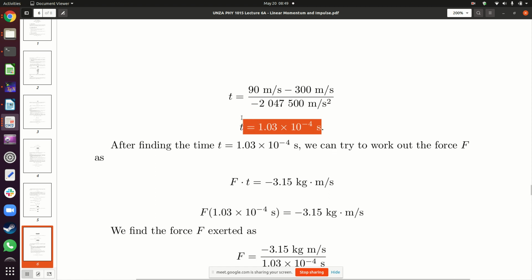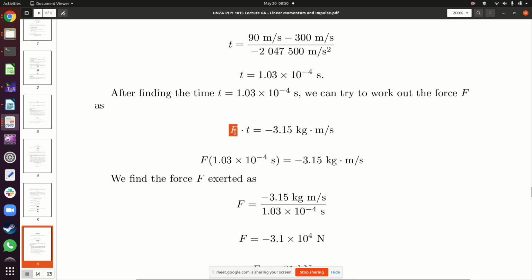So you can see that the time it's going to take the bullet to pass through the plastic is going to be very, very small. This is a very small duration of time. So with this time now that you've got, it becomes possible for us to find the force, because we're going to substitute our value of time here and we're looking for the force. We know the change in momentum, the impulse, on the other side.